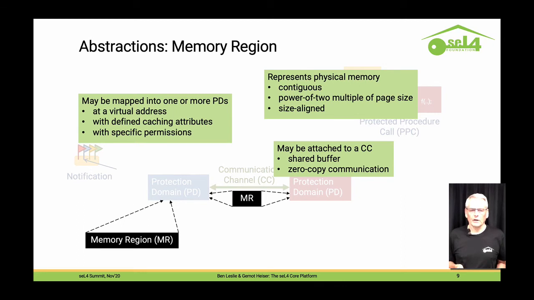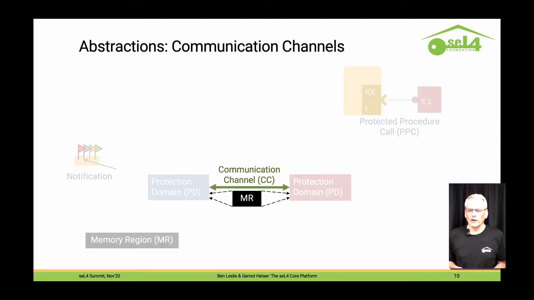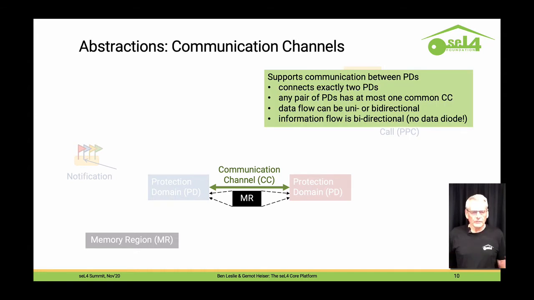Okay, next abstraction are communication channels, and they support pairwise communication between protection domains. So every channel has exactly 2 protection domains it's associated with, and that obviously means if you have n protection domains in your system, there are at most n squared communication channels, or n squared over two.